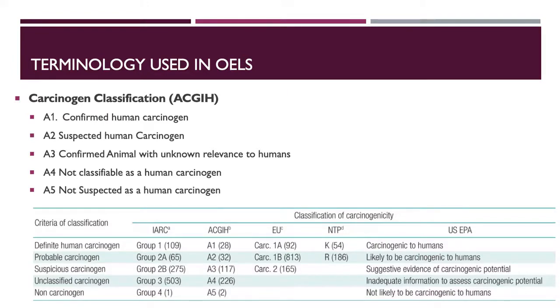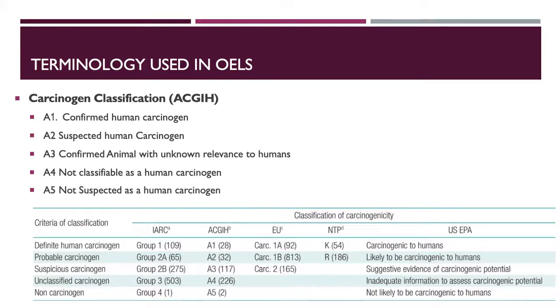Some other terms used in occupational exposure limits are the carcinogen classification. A1 is a confirmed human carcinogen. A2 is a suspected human carcinogen. A3 is a confirmed animal carcinogen with unknown relevance to humans. A4 is not classified as a human carcinogen, and A5 is not suspected to be a human carcinogen.